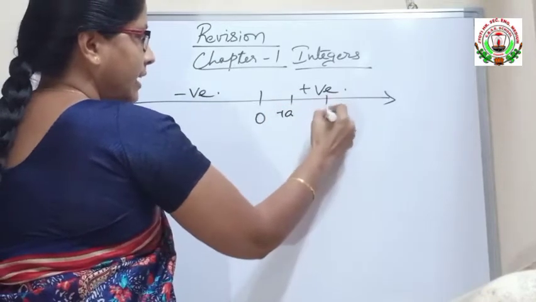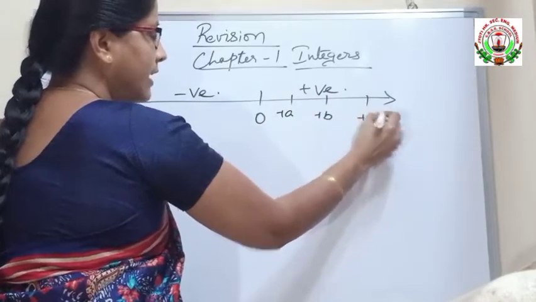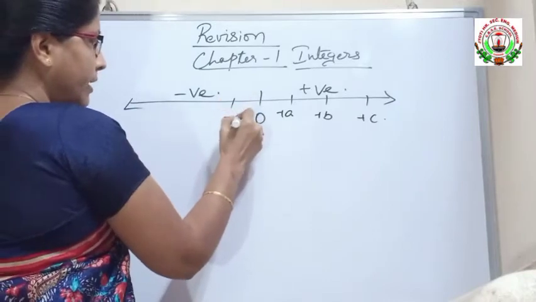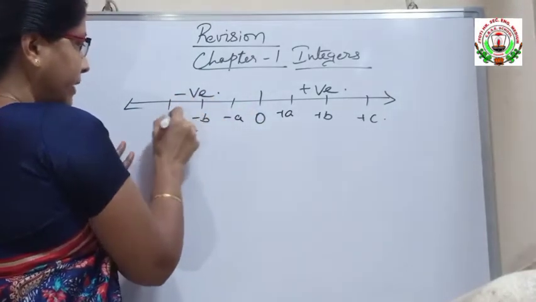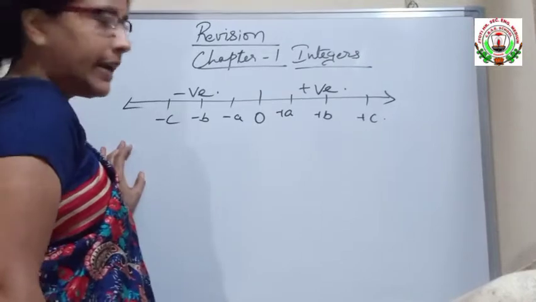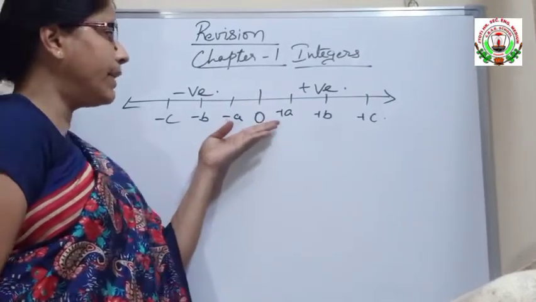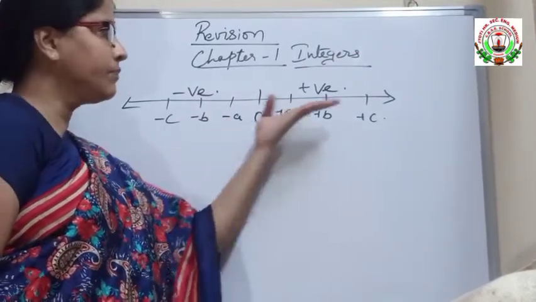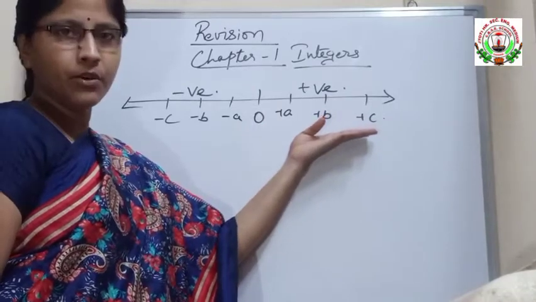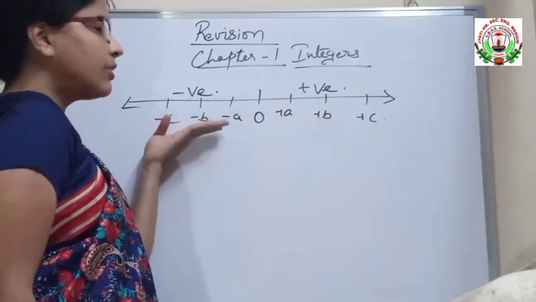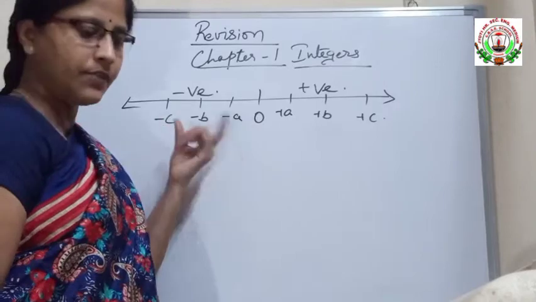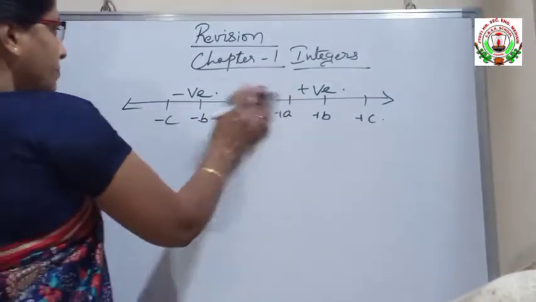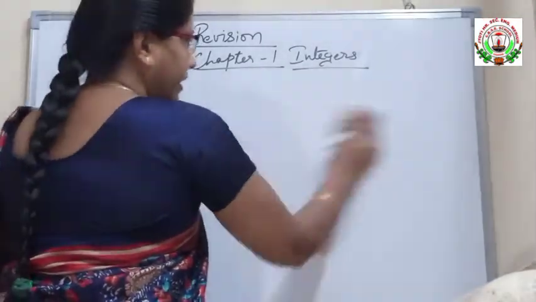Here plus A, plus B, plus C, any number of integers you can write. Here -A, -B, -C. This is your number line. In your number line, the midpoint is 0 every time. On the right hand side, positive integers will be there, and on the left hand side, negative integers will be there. This is your integers basic introduction.